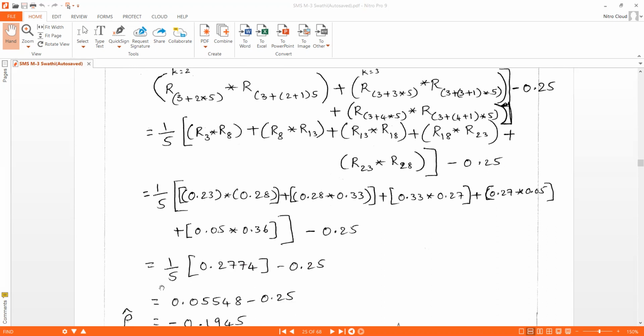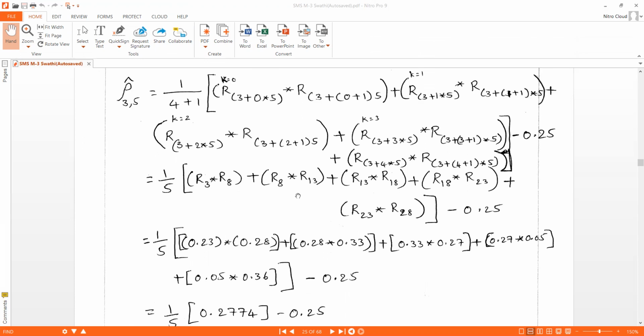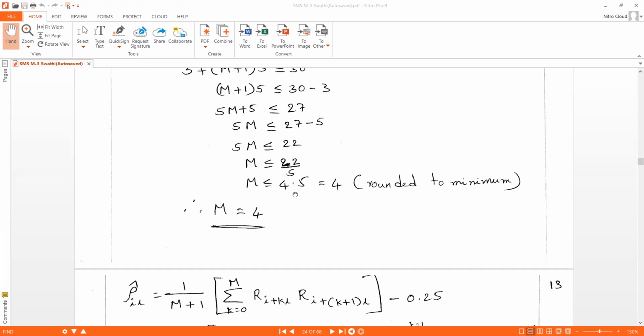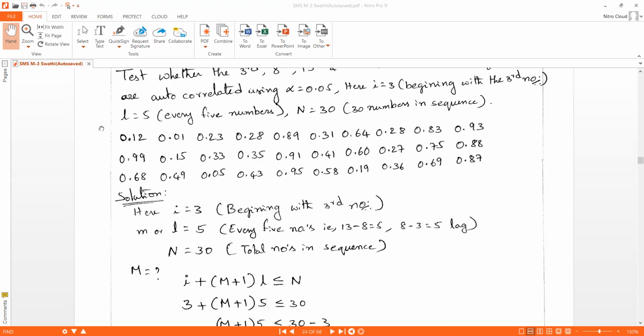Now we know the series of random numbers is given in the problem. These random numbers are called the set of Ri: R1, R2, R3, R4, R5, R6, R7, R8, R9, R10, and so on till R30.